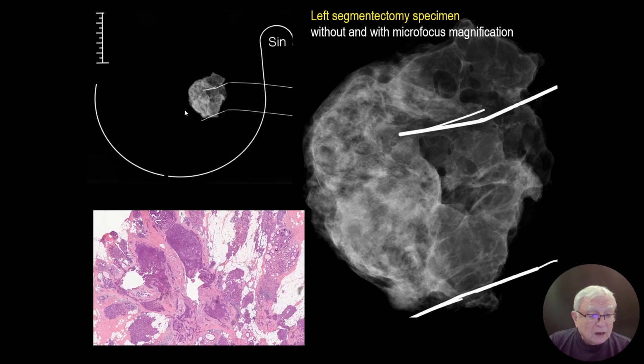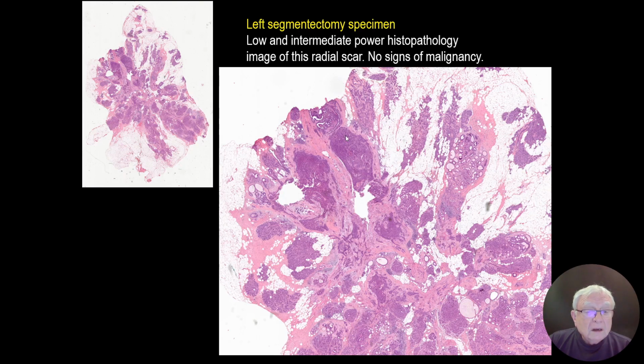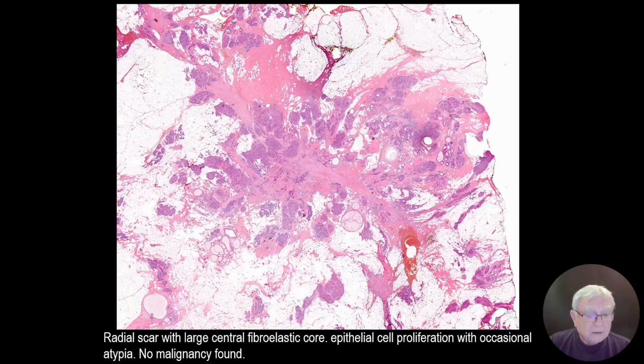And now comes the left segmentectomy. Similar story. You understand how well-trained pathologists are needed to be able to say that this is just hyperplasia. But mind you, you cannot take just a little piece from here and a little piece from there, because first of all, we radiologists would never learn.